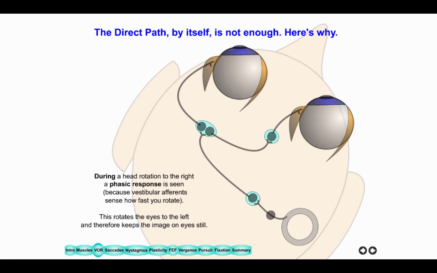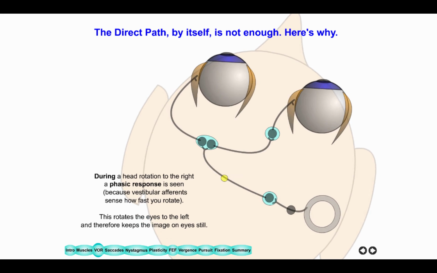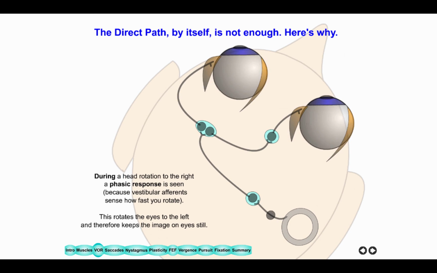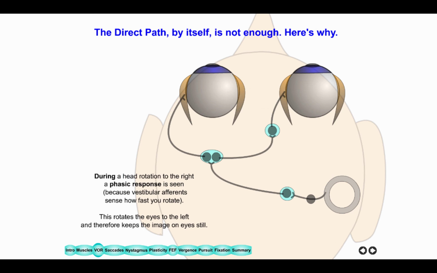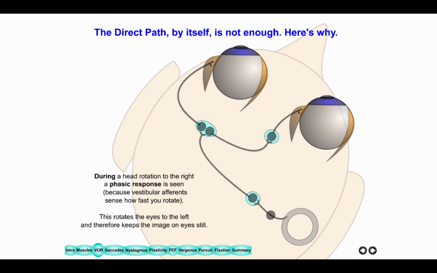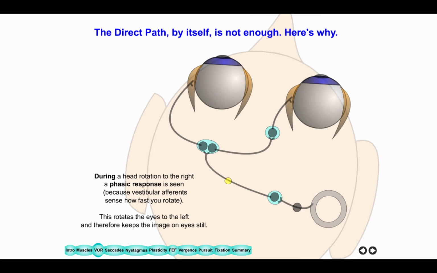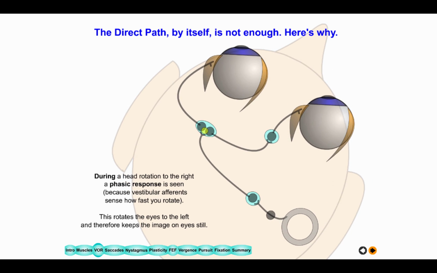And so there's no extra activity contracting these muscles, and they slide back to their resting forward position, okay? So you don't want that. When you turn your head, if you're looking at somebody and you turn your head in one direction, you want your eyes to remain on the thing that you are looking at. So you need something else to help this circuit along.